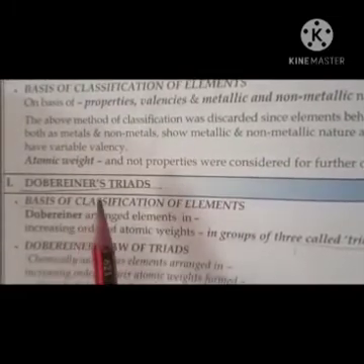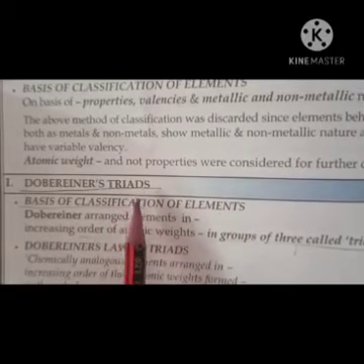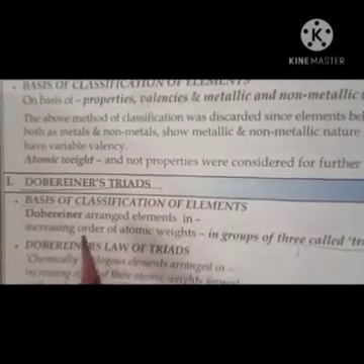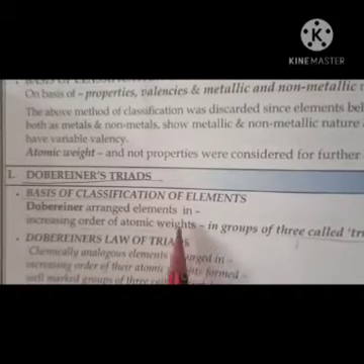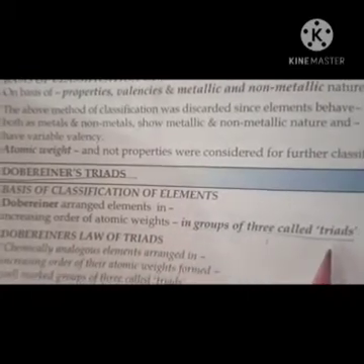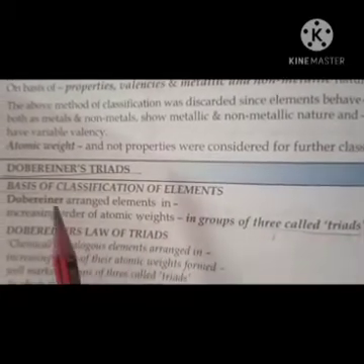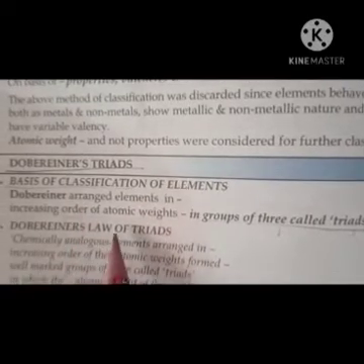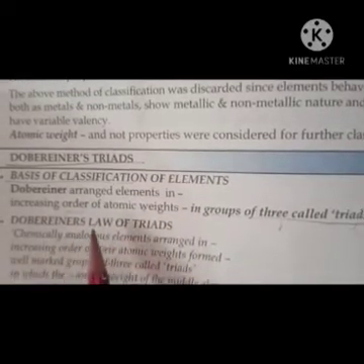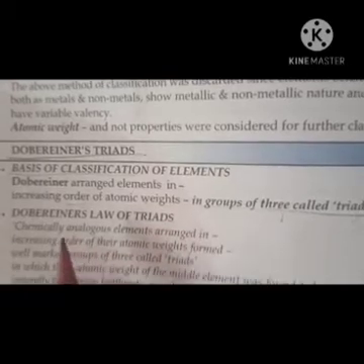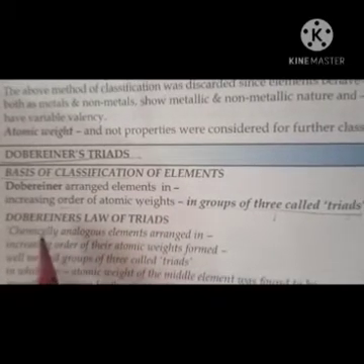Then in 1815, Dobereiner arranged the elements in increasing order of their atomic weight in groups of 3, that is called what? Triads. So who gave triads? That is your Dobereiner, and he gave a law that is called Dobereiner's law of triads. And what was his law?